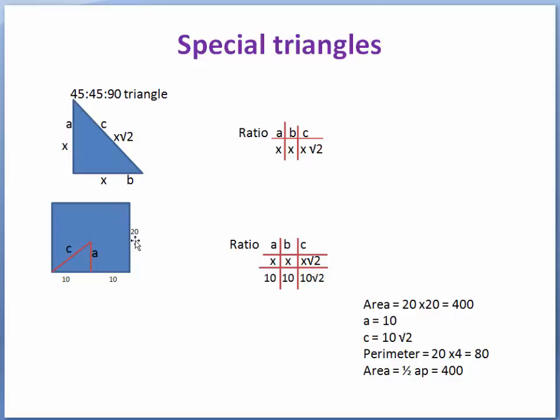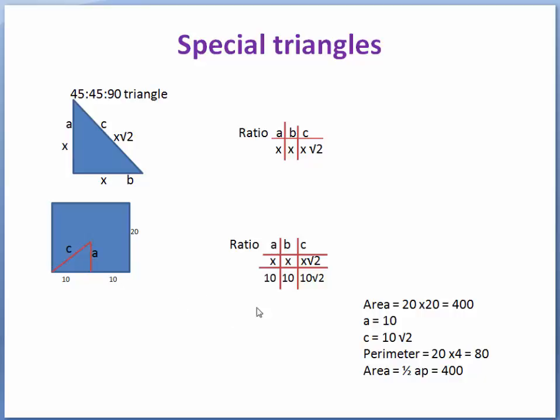So if we want to work out the area of this square, we can do it quite easily by multiplying 20 by 20 and getting 400. But we can also split it into triangles. So this would be a 45, 90, 45 triangle. And our length here is given by 10.